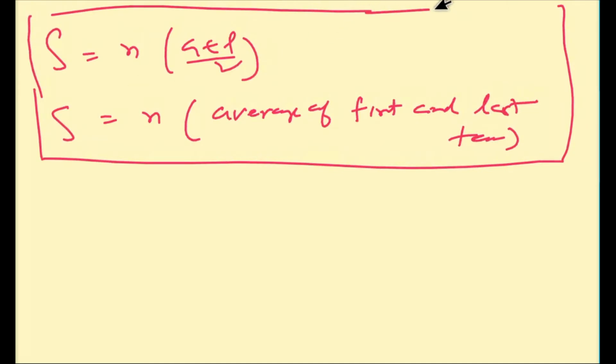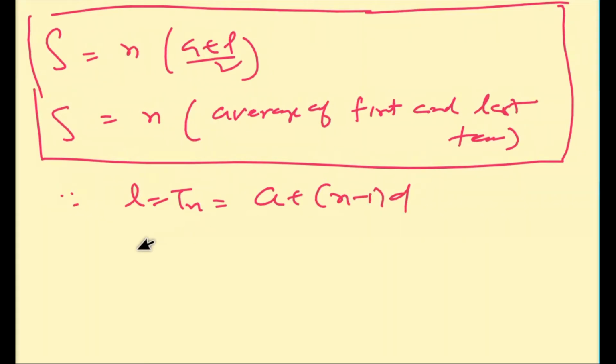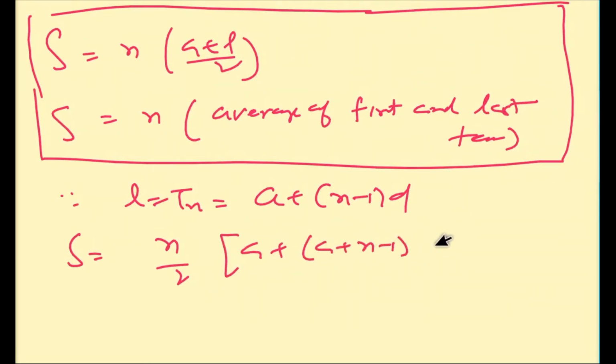Okay students, so now since we know l equal to the nth term, and Tn equal to a plus (n minus 1)d, if we put this value in the above formula, we get a plus l is a plus (n minus 1)d.